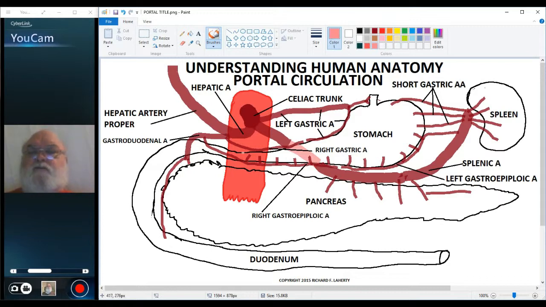And I'll indicate the posterior by using a lighter shade of pink. And these are the anterior and posterior superior pancreatico-duodenal arteries. So let me put the label in here.